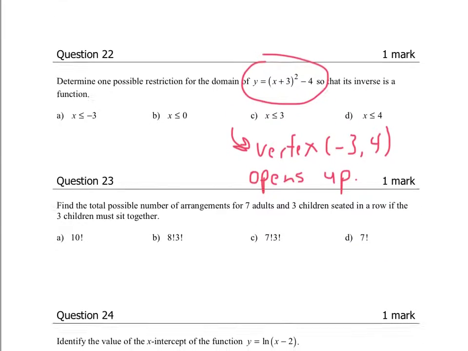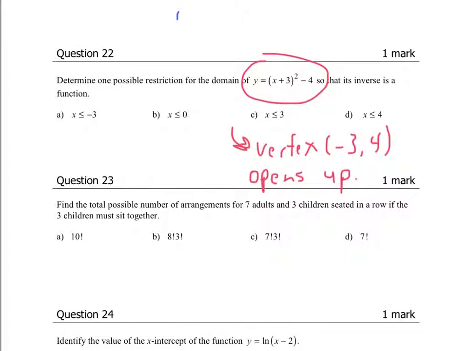So we have this axis right here, and this is back 3, and this is down 4, and we are going to have our parabola passing through and going up.